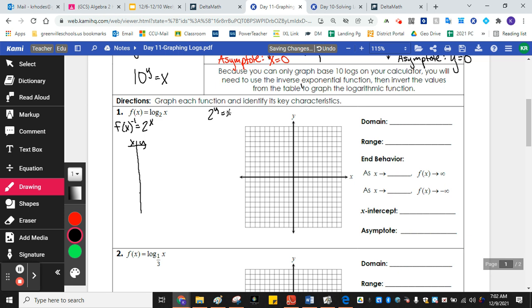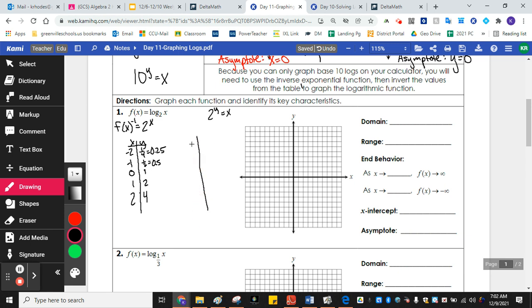So you can see the y and the x are in different spots. So if you do exponentially, 2 squared is 4, 2, 1, 1/2, 1/4. Since we're graphing, I don't like leaving it as a fraction. Can't graph a fraction, you graph a decimal. And then, so that's the inverse of this log.